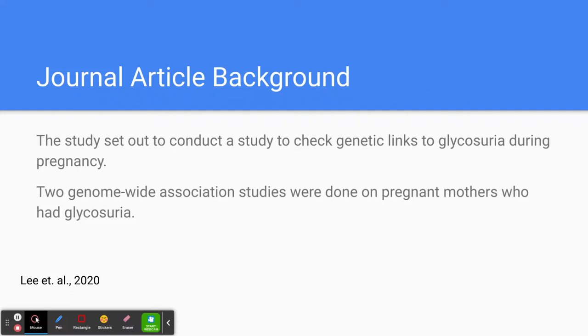So they did a genome-wide association study, done on 2 groups, and the results were analyzed. They used SNPs, or genomic variants, and they found an association with genes on the 16th chromosome.